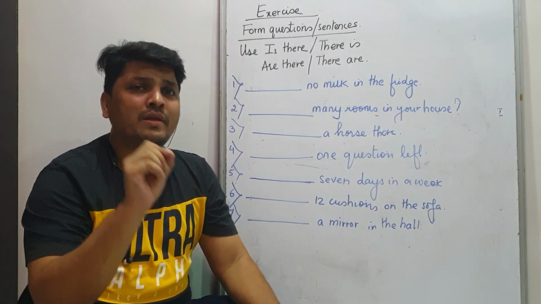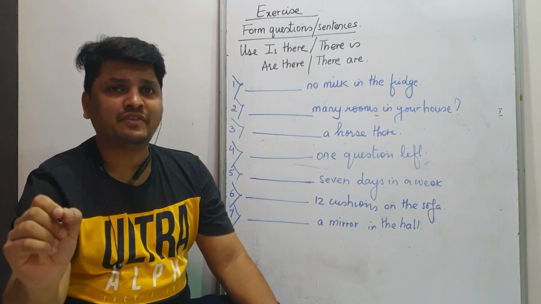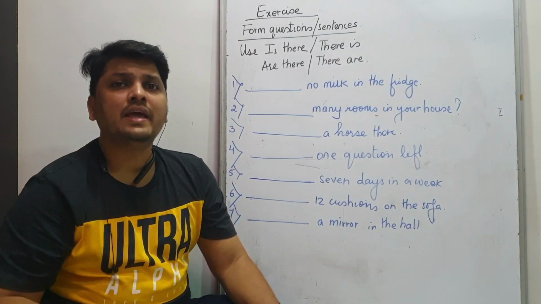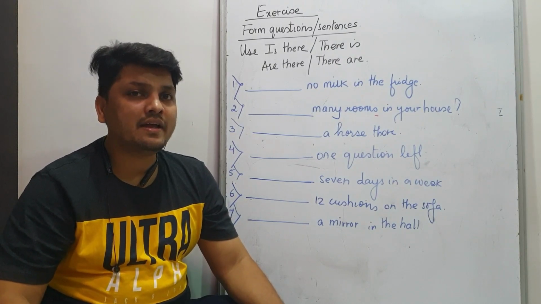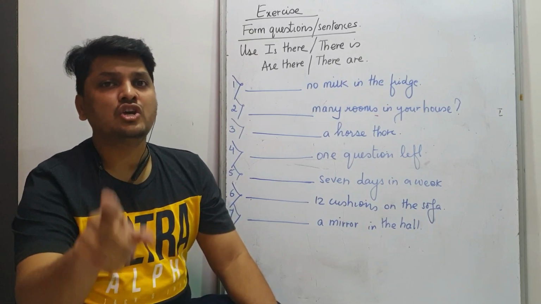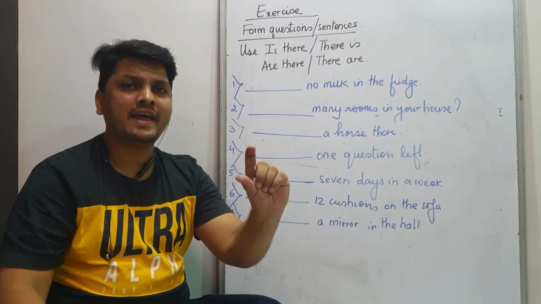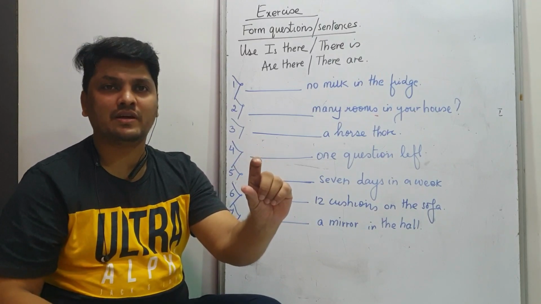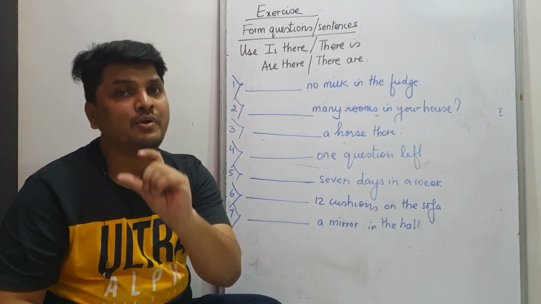There is will be used when the noun that comes after there is should be singular. And you will use there are when the noun which will be used after there are should be plural. So in short, use there is when the noun is singular. Use there are when the noun is plural.